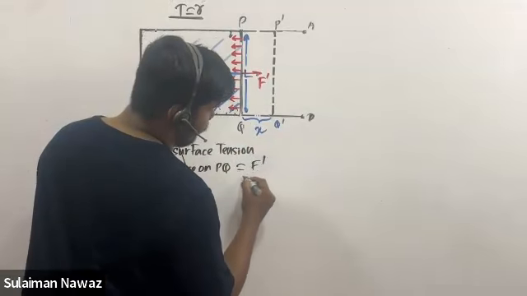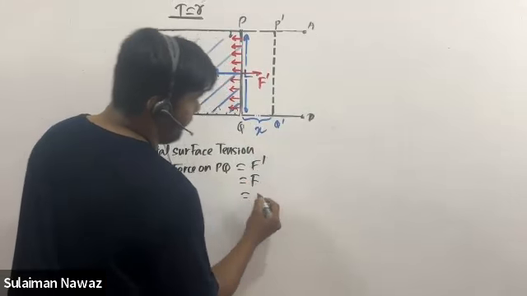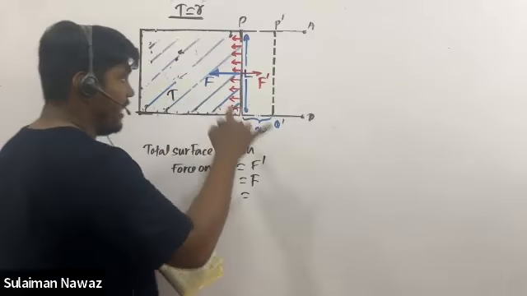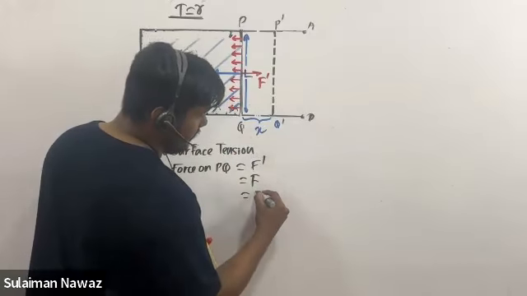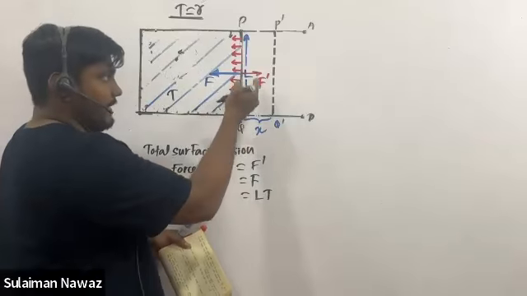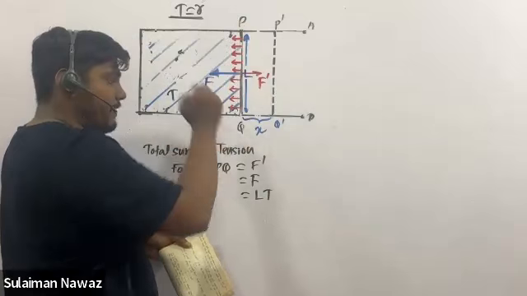We know F dash is equal to capital F. If I say surface tension is capital T, then F dash, which is F, means length into capital T, that is L into capital T.